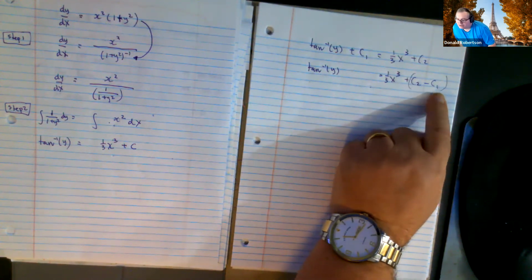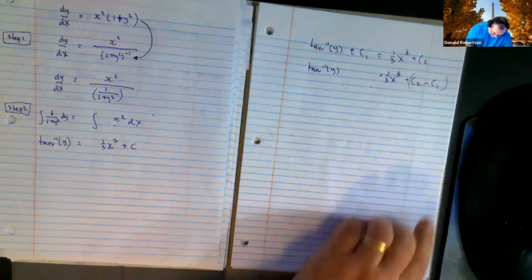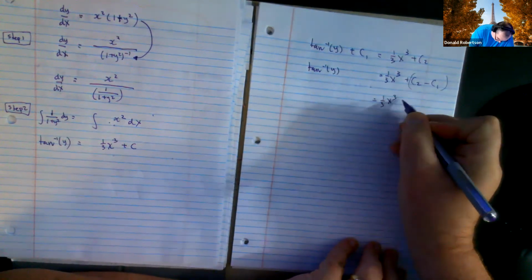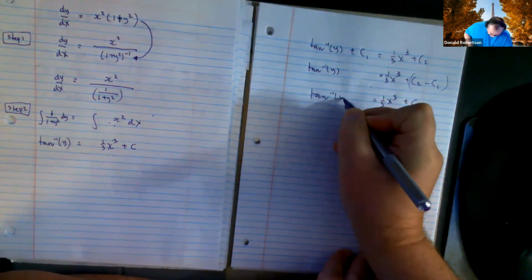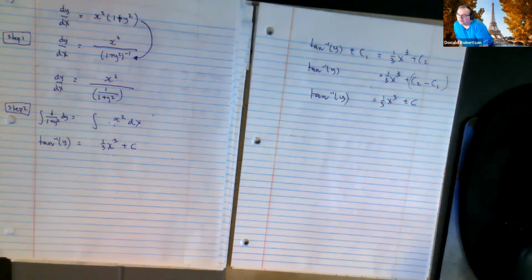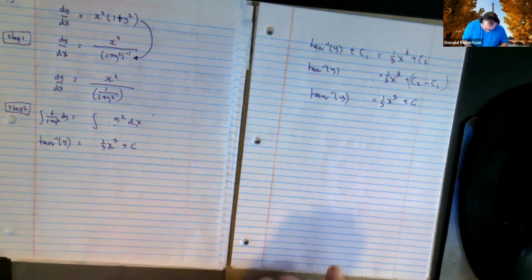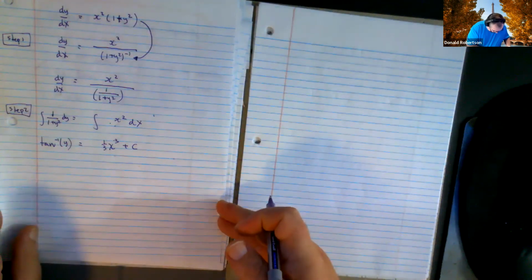I don't know who c1 is. I certainly don't know what c2 take away c1 is. But isn't c2 take away c1 just an arbitrary constant? So it makes more sense only to have one of them, and you typically give it to the right-hand side, the x side. So that's the reason why this is plus c. And you're going to find later on that we do some weird stuff with this plus c. Let's continue with this.